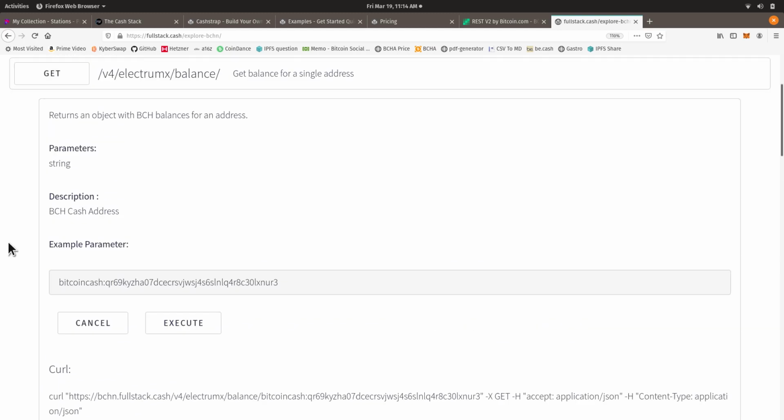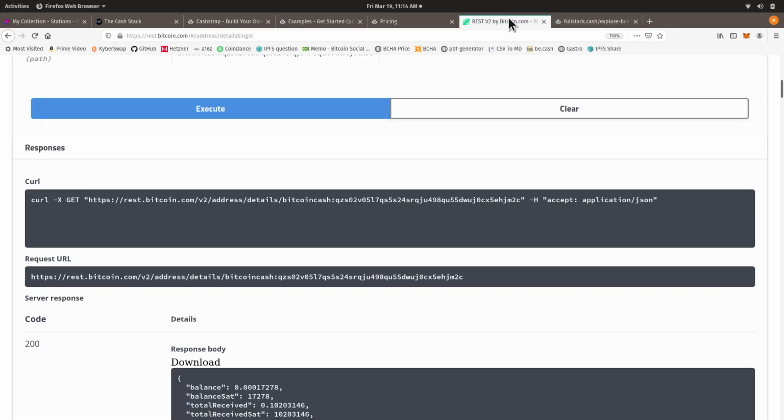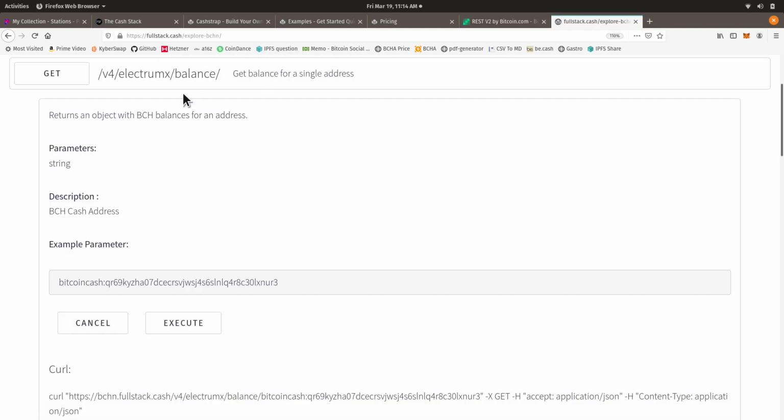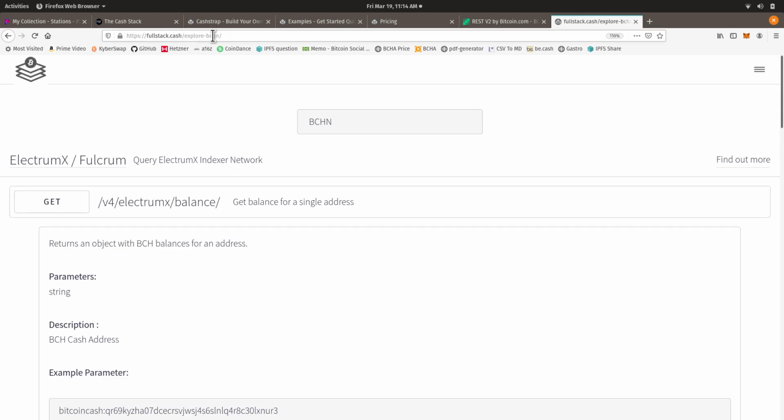And so if you're used to using rest.bitcoin.com, the Swagger UI, you'll be really comfortable here at this custom UI that we built at /explore-bchn. We also offer support for testnet as well as the ABC blockchain.